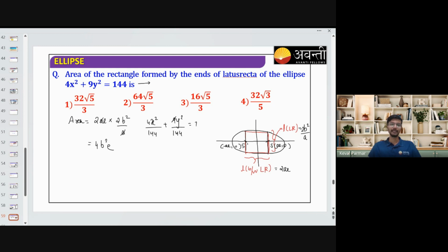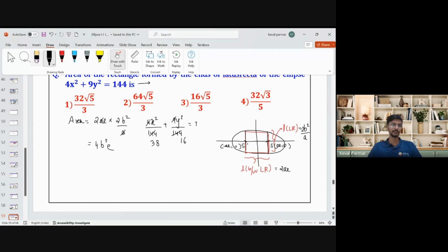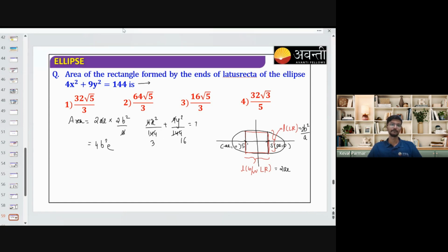We can cancel out 9 with 16 and 4 threes are 12. 4 eights are 24. Right? I hope I am right. No, 4, 9, 4 sixes are 24. It should be 36.